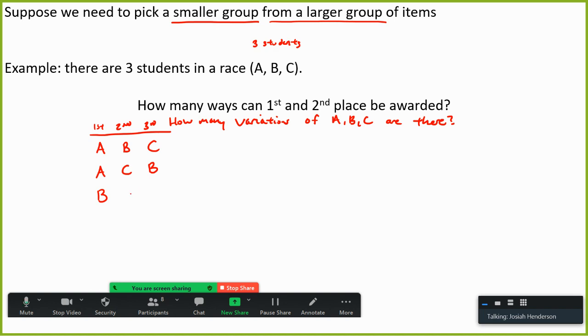So B comes in first, then A, then C. Or B could come in first and then C and A. And we haven't done any where C comes in first. So then we could have C, A, B, or C, B, A.